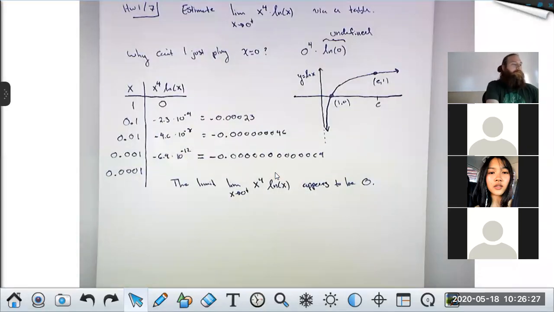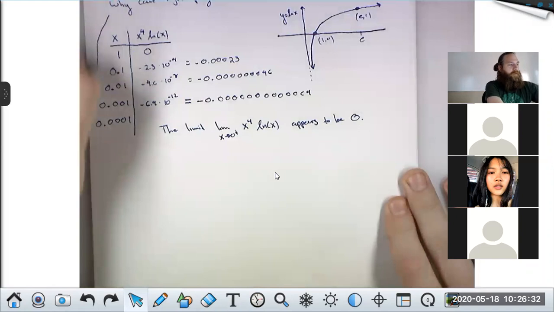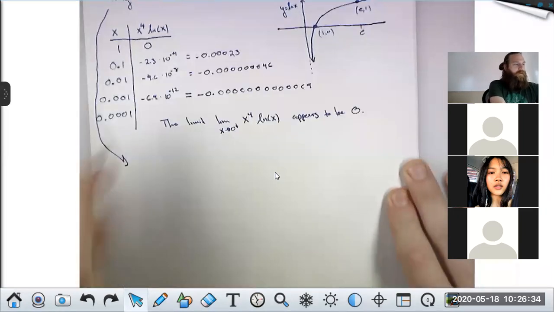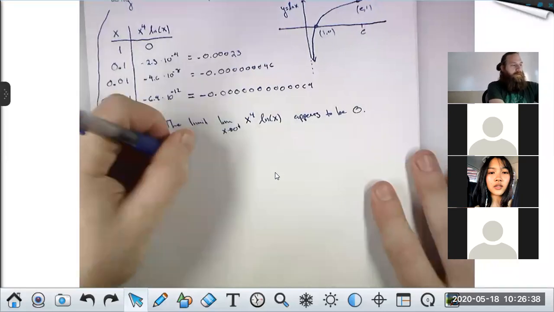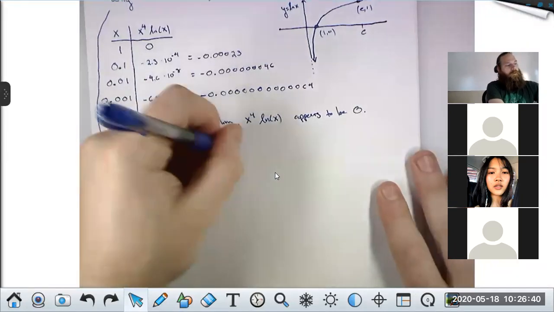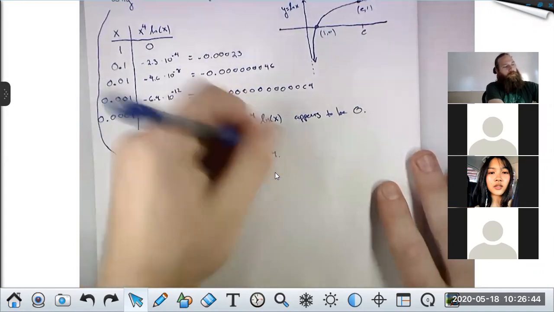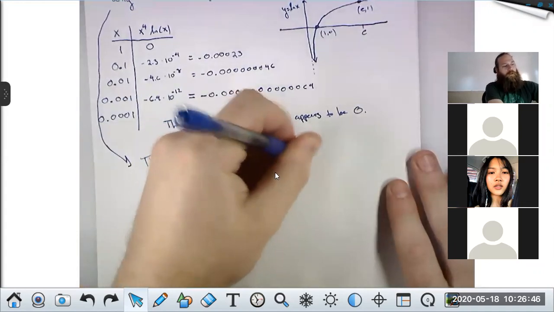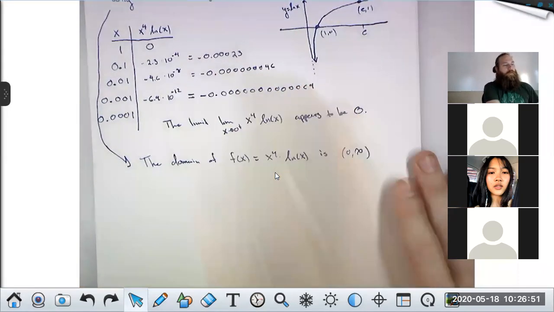So, a little continuation of the why-can't-I-plug-in conversation. The domain of f of x equals x to the 4 times the natural log of x is the open ray 0 to infinity.